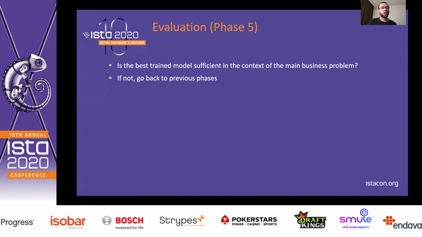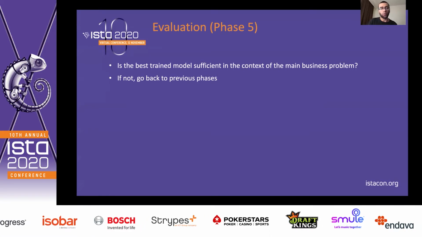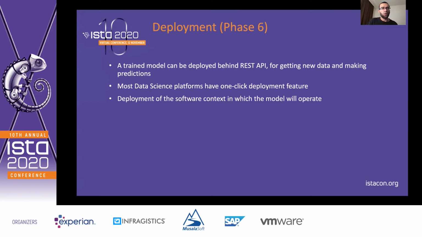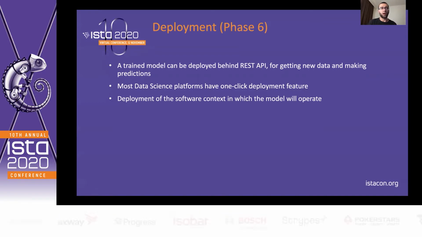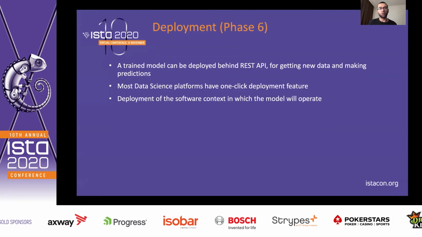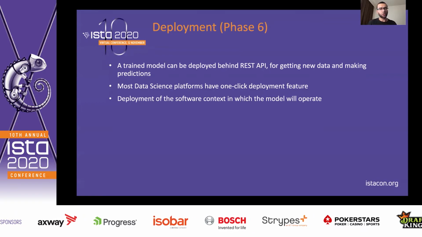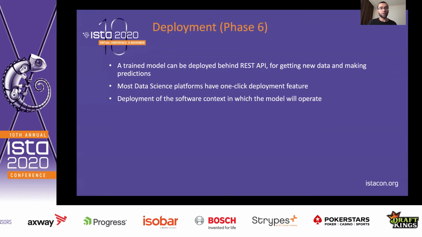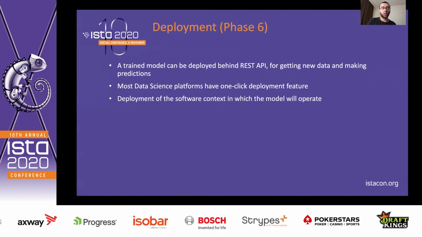And if not, then maybe we go back to previous phases. Okay, so finally we have deployment. We can deploy a trained model behind a REST API. Of course, it is not just the deployment of a trained model. We have to think also about deployment of the other software context in which the model will operate. And it is worth mentioning here that most data science platforms have a one-click deployment feature.